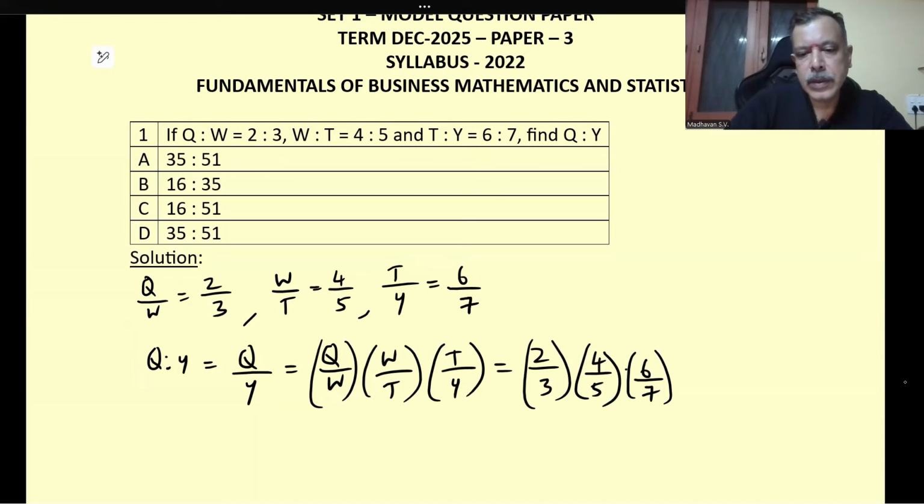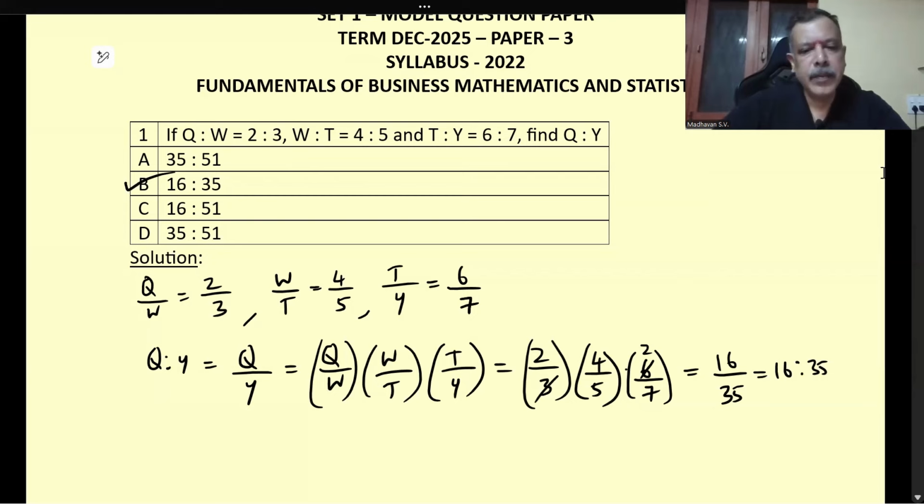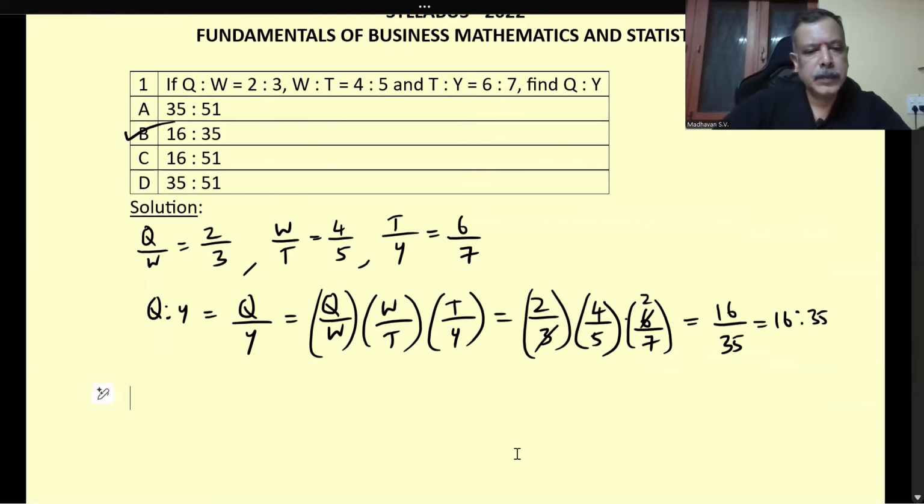So this goes with this 2 times, so we get 2 4s are 8, 8 2s are 16. 16 by 35, which is nothing but 16 is to 35. So the right option is option B. Let us move on.